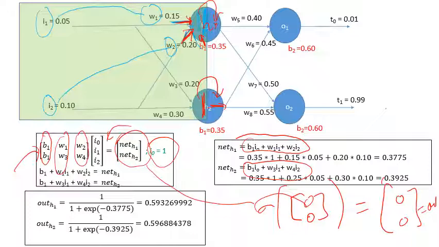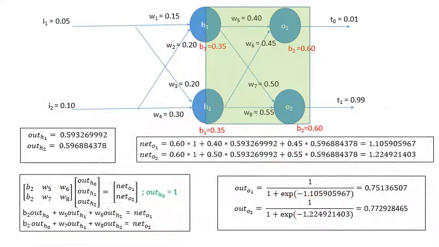Now we have calculated the output of the hidden layer, which is nothing but these two numbers. Then we see these outputs as a new input for the next layer.